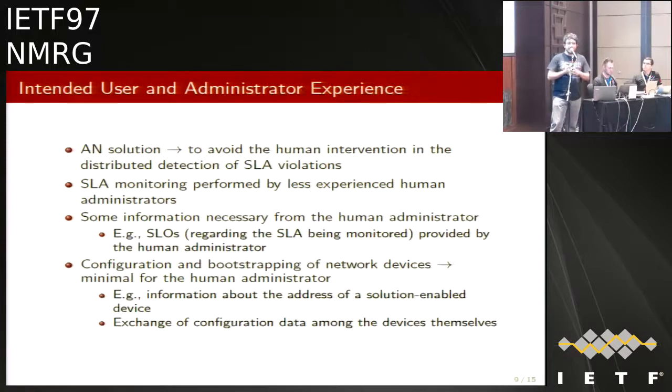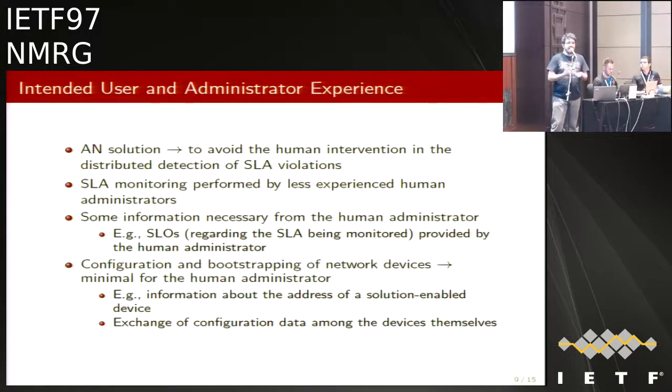So this is information that is still needed from the human administrator. And also, we expect that the configuration and the bootstrapping of network devices for the measurement process can be performed by the autonomic algorithm. So it's necessary to have some information about the address of a solution-enabled device, which is already in the overlay of the measurement task.